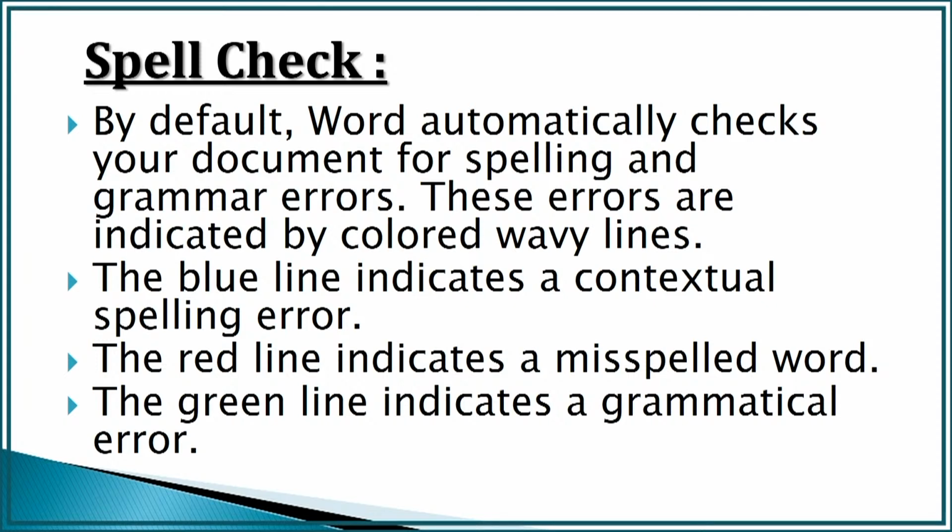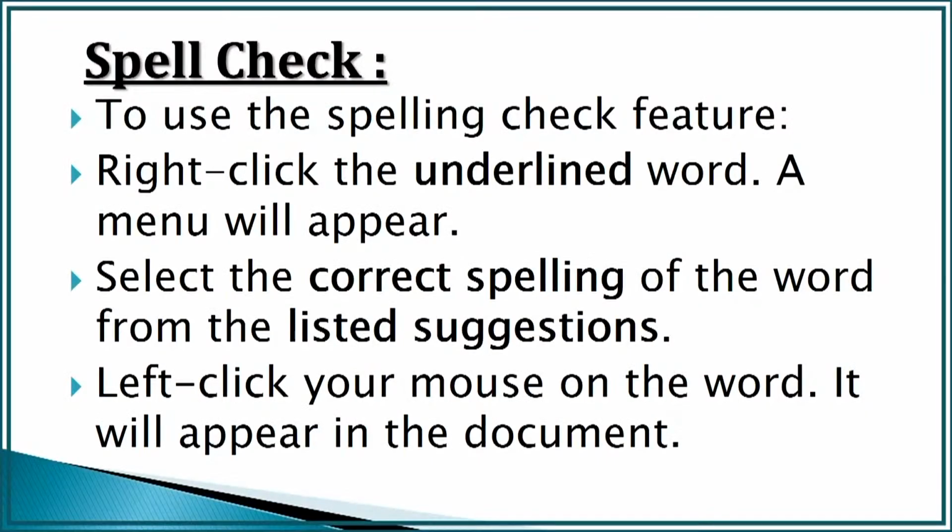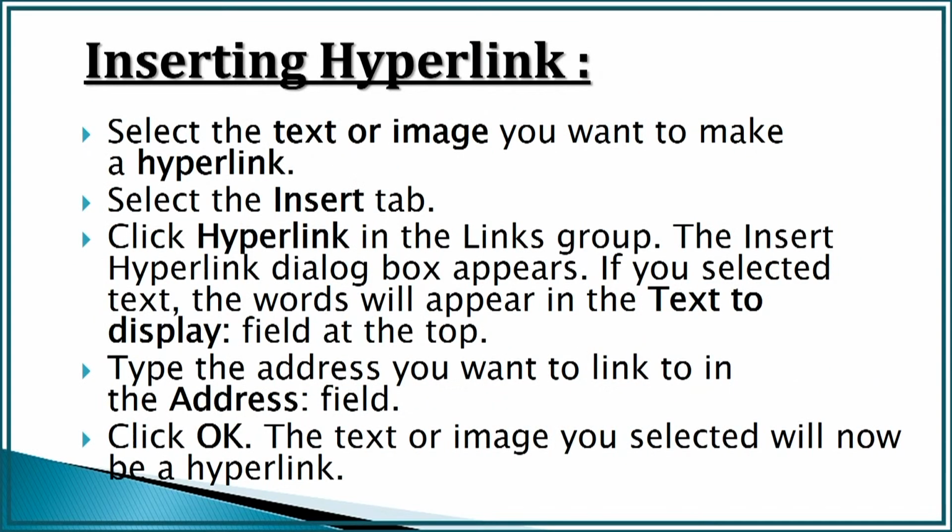A blue line indicates a contextual spelling error, and on right-clicking the word, we can find the corresponding correct spellings. A red line indicates a misspelled word, and a green line indicates a grammatical error. We can also choose the spelling and grammar options from the menu, use the listed suggestions, and choose the correct spelling.